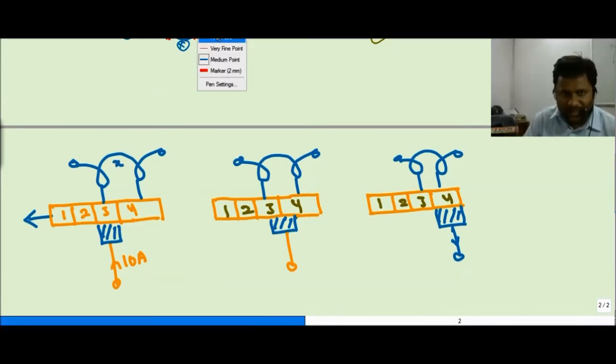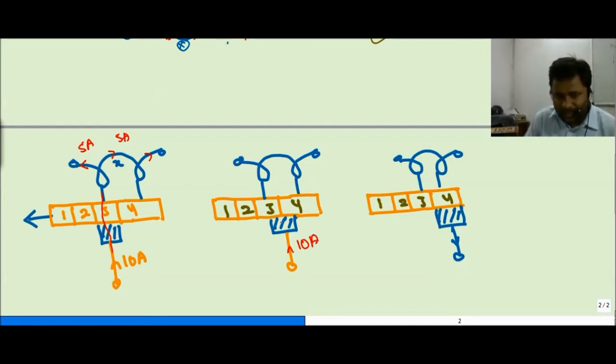Now the 10 ampere current is moving, and it can be divided like this. This is the 5 ampere. This is the 5 ampere, and it is moving like this. Whenever the brush is between the commutator segments, then this 10 ampere is divided into 5 ampere and 5 ampere.